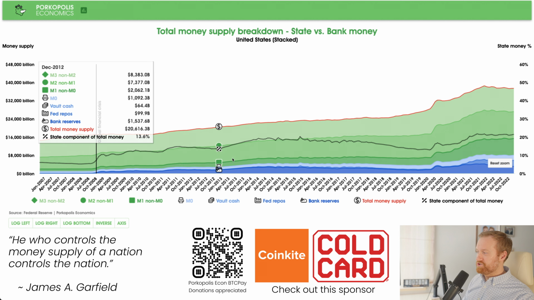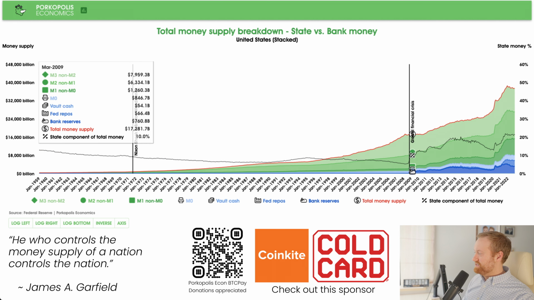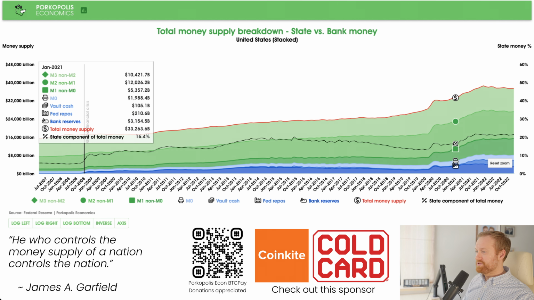Doesn't actually seem as extreme when you zoom in here compared to here. But you can see that the makeup of state money versus total money, of the monetary base versus total money, is completely different. The game has completely changed here post 2008. So we get all the way to, should have been 2014.